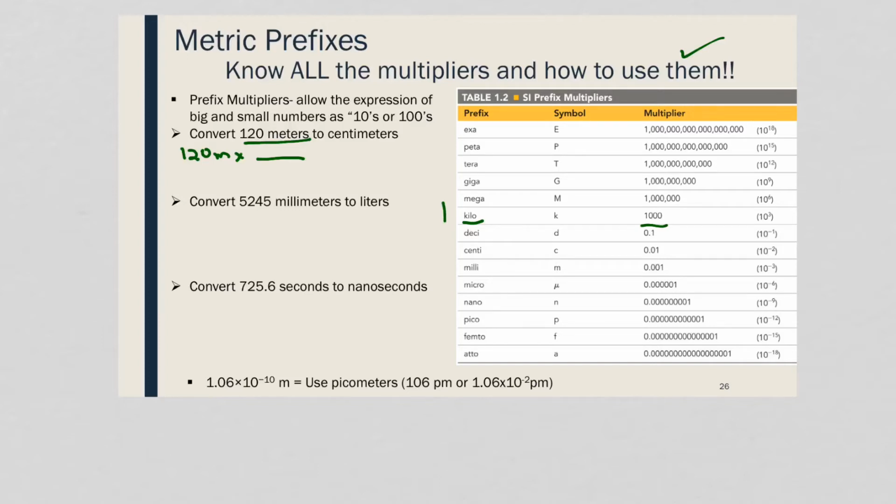And what I know from my prefixes is that 1 centimeter is equivalent to 0.01, or 1 times 10 to the negative second, meter.